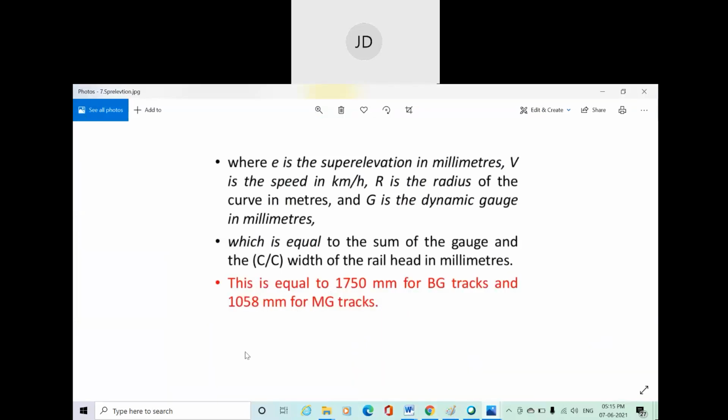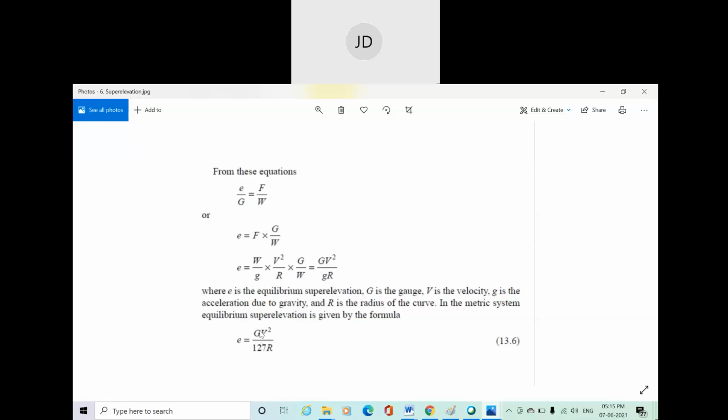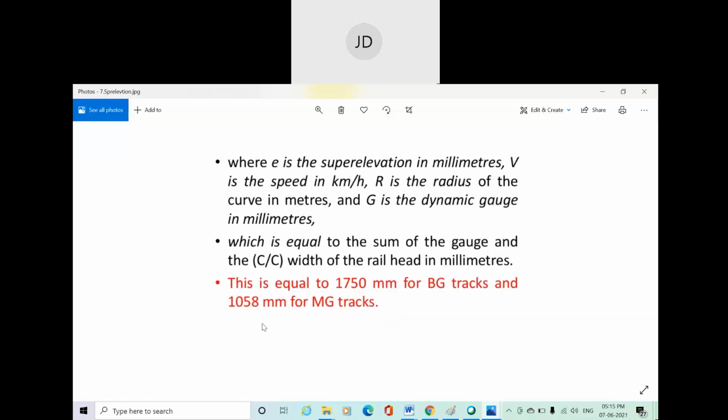Fine. So basically, this super elevation is in millimeter, V is the speed in kilometer per hour, R is the radius in meter, and G is the dynamic gauge in millimeter. That means in this particular formula. And you know what gauge length is? It is the center to center distance between the rails, in millimeter.